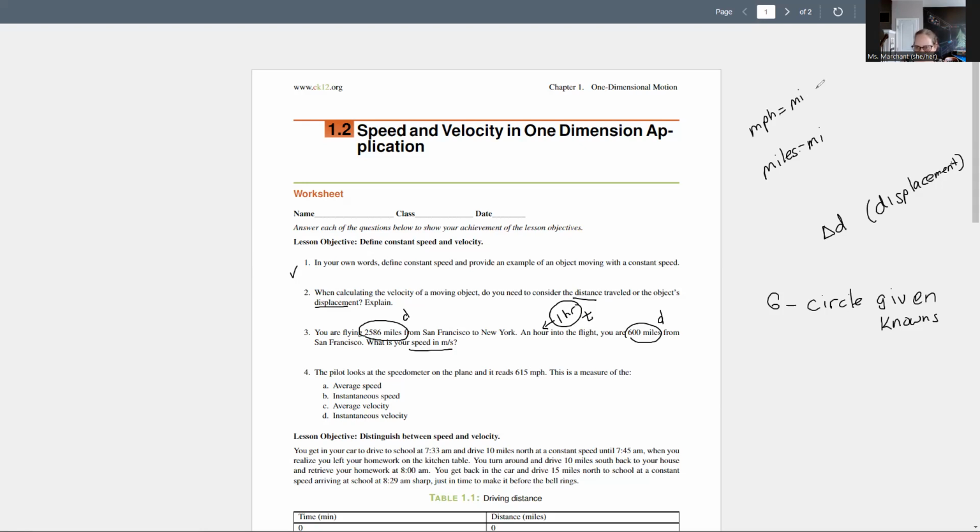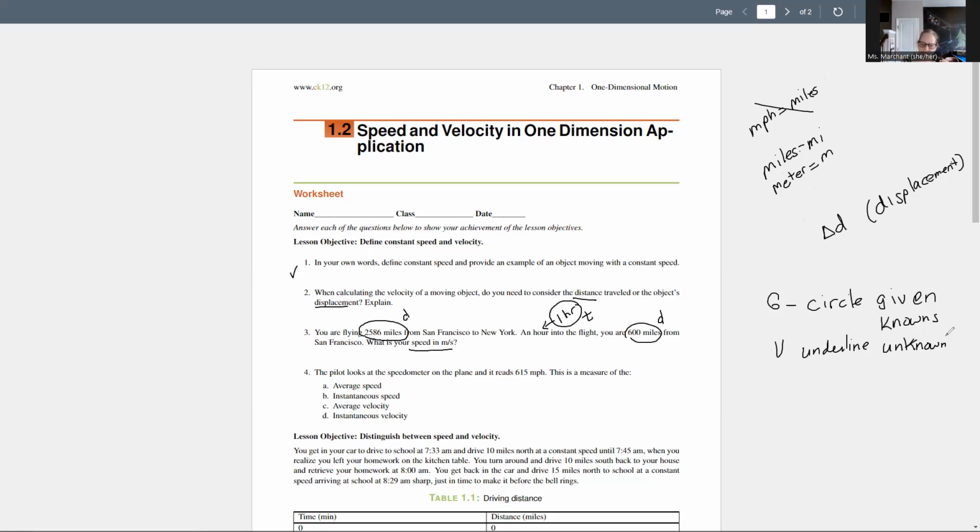But that is not what we're going to do when we're doing it in physics class. So miles is MI and meters is going to be M. And so I underlined my unknowns, the question, what I'm trying to find.